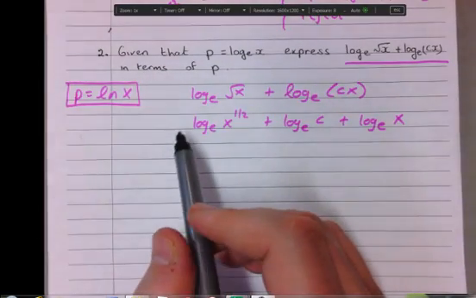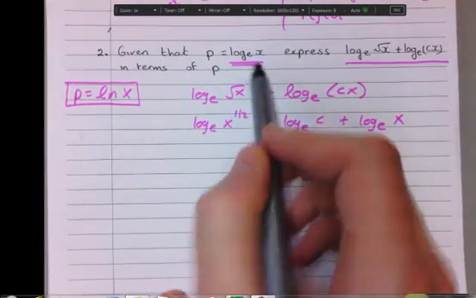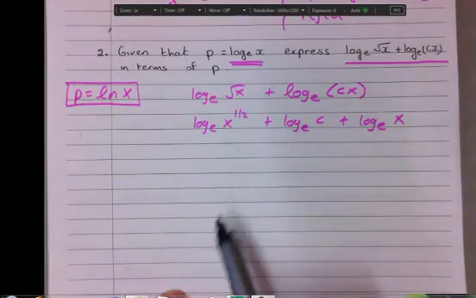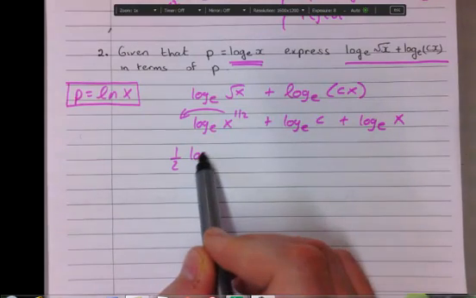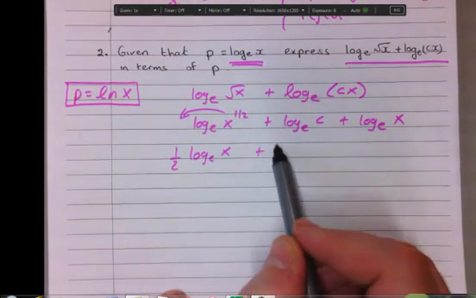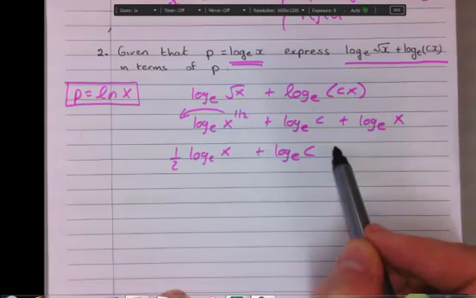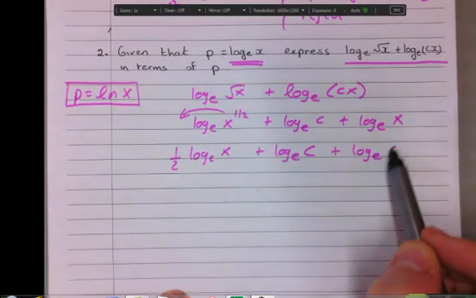So things are starting to come together for me because I want to see lots of log e x's. So this half is going to take a little jump down here, so this will be a half log e x plus log e c plus log e x.